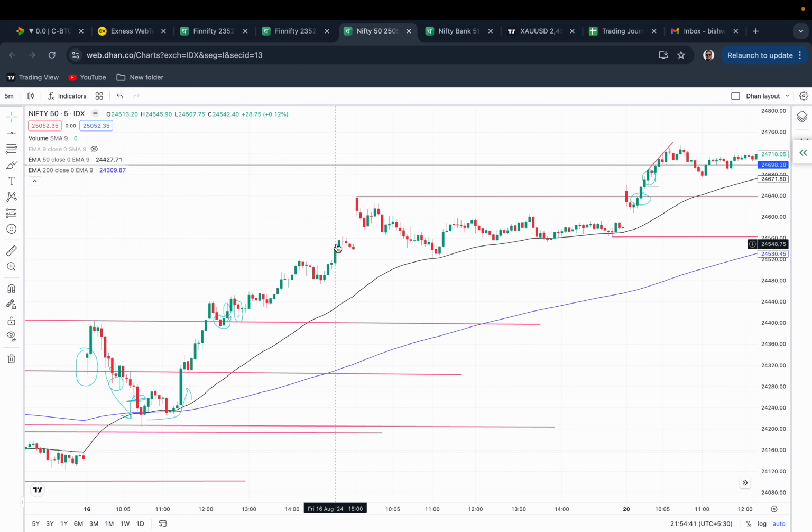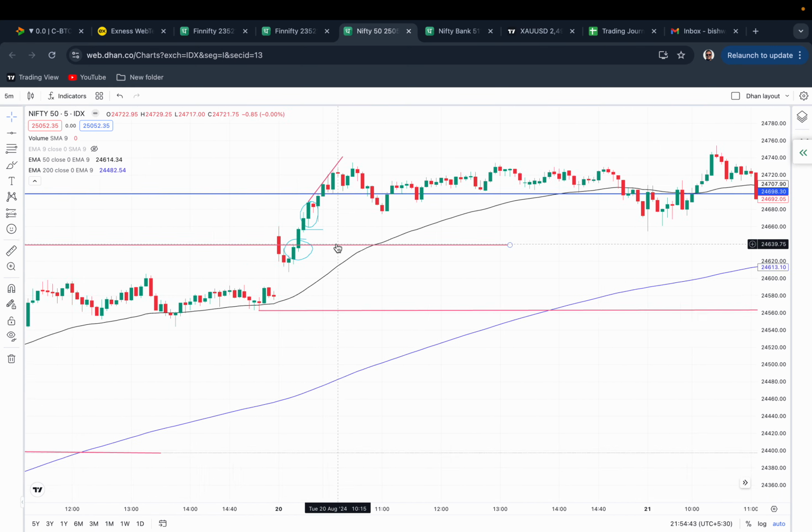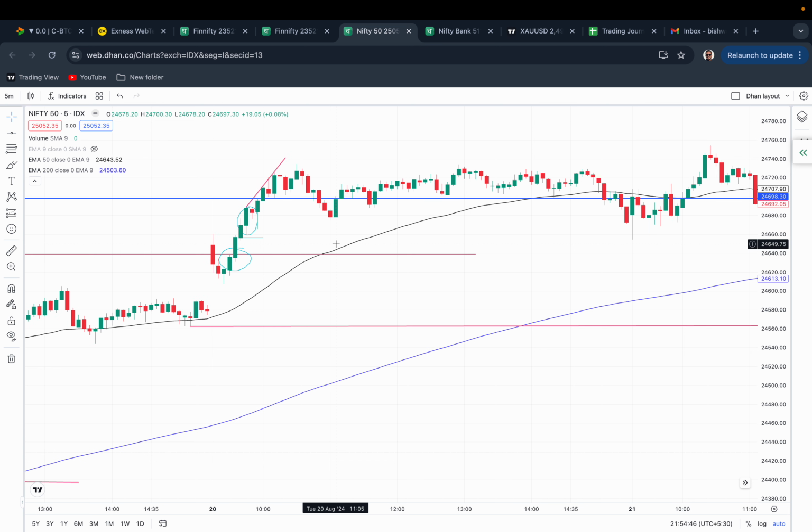Since I'm a beginner, that is why I'm using so many support and resistance lines. Okay, your chart looks messy, but at least I can learn and you can also learn, so that you can mark the important lines over here.